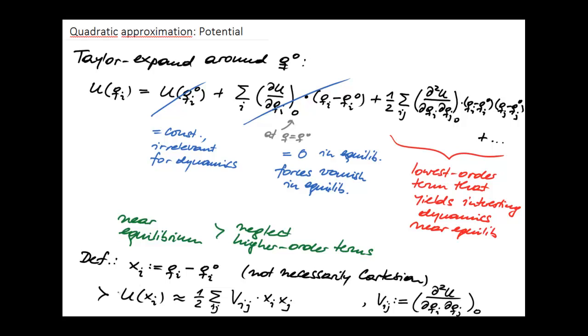So this formula here is a very simple expression for the potential in the quadratic approximation near the equilibrium configuration.